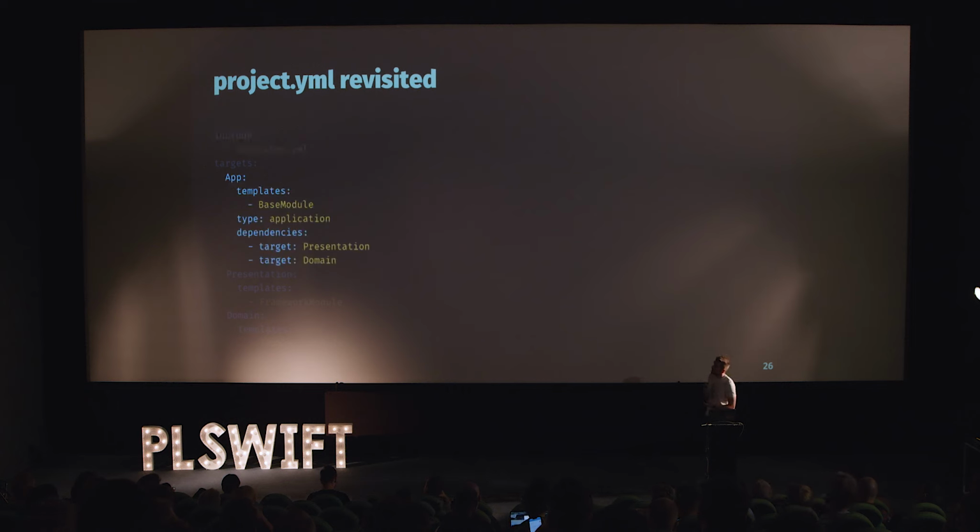So our app target did not change that much because we only got rid of sources and platform, and we replaced it with templates. Still, we need to provide the type and dependencies, but it's mostly a case for your application target, as it's kind of unique for your project, and you do not have many targets like that in your project.